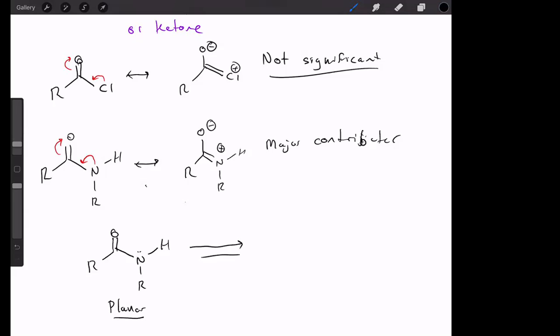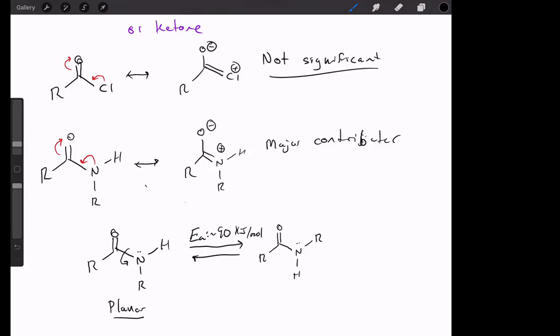They're planar because there is a sufficient activation barrier for the rotation. Now, this is a single bond, and we would normally say that there's free rotation around this single bond, and that rotation would have a very small activation barrier. For amides, the rotation activation barrier is quite large, about 90 kilojoules per mole. And so what we see with amides is a planar geometry.